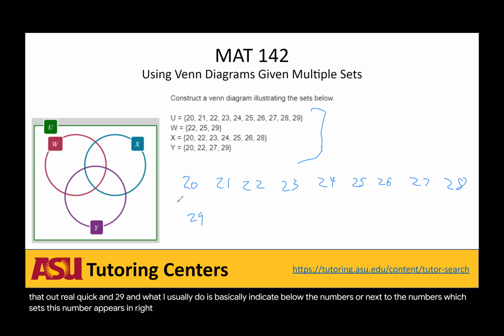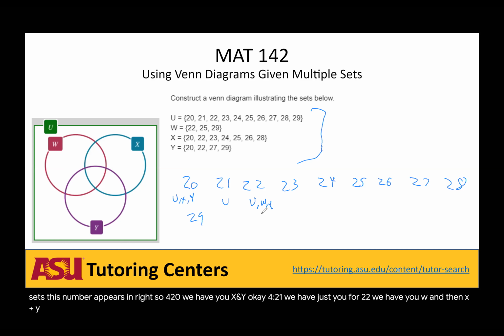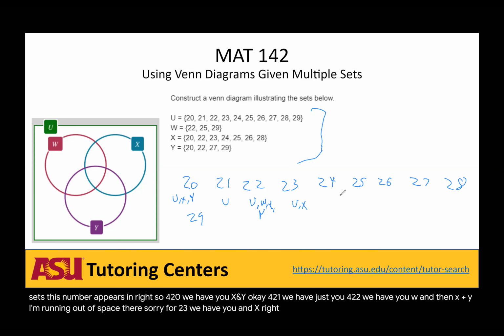So for 20, we have U, X, and Y. For 21, we have just U. For 22, we have U, W, and then X and Y. Oh, I'm running out of space there. Sorry. For 23, we have U and X. For 24, we have U and X again.